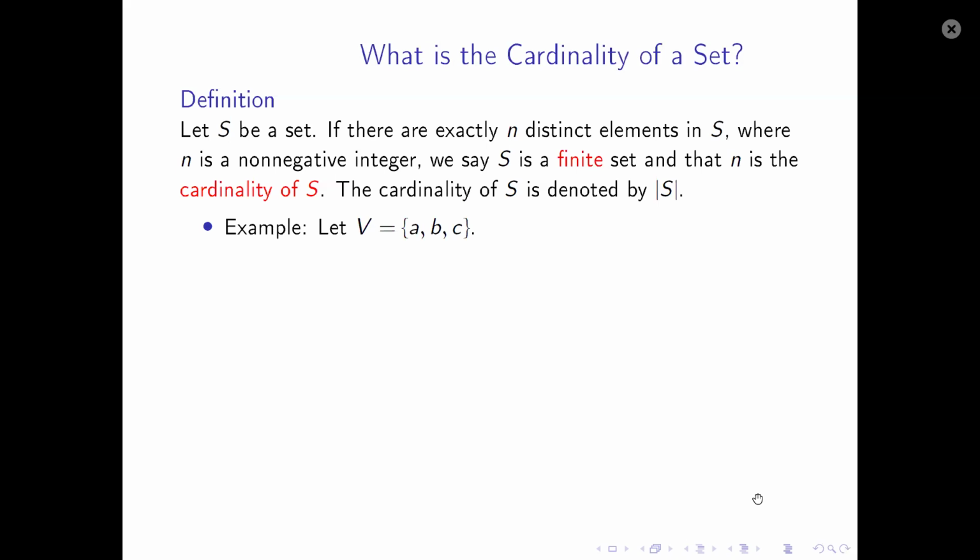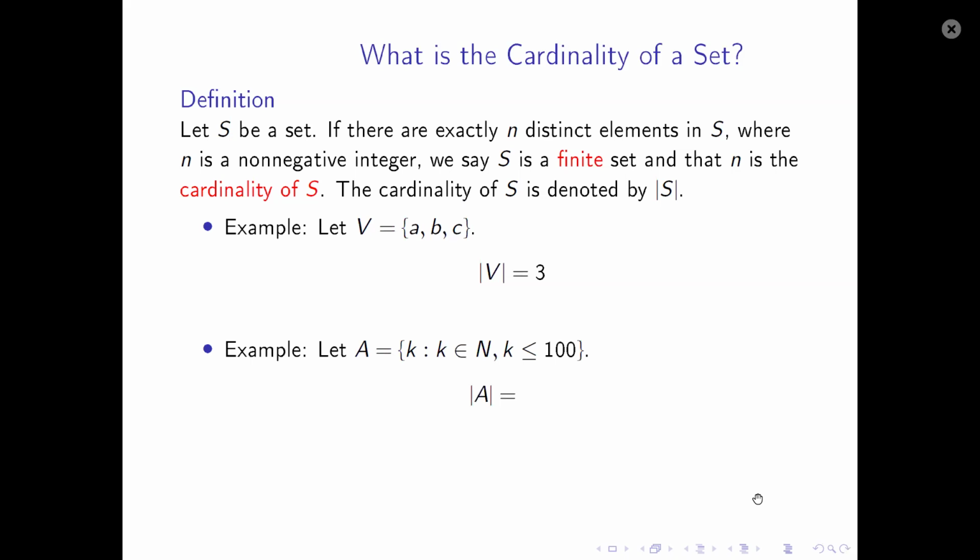So let's look at this. What is the cardinality of this set {A, B, C}? Well, it's 3 because there are exactly 3 distinct or different things. What about this? What's the cardinality of this? This is in set builder notation.